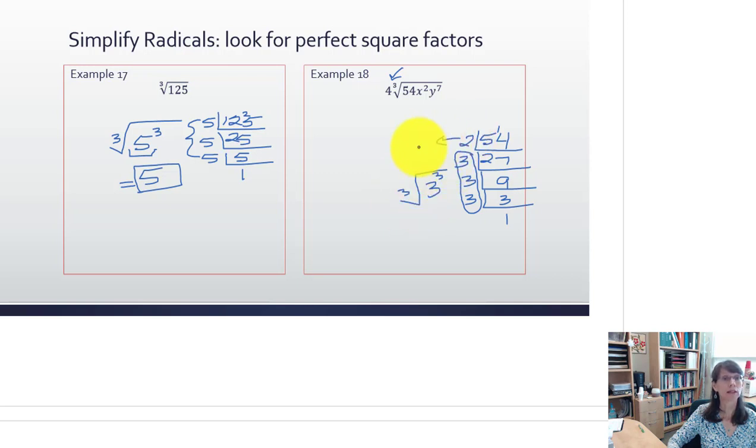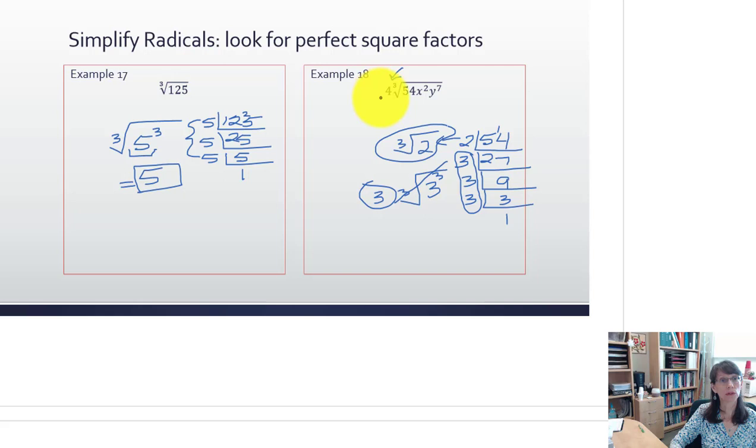And my other factor under the cube root is 2. 3 is written as a perfect cube, so that will clear the cube root as 3. So I know that the cube root of 54 is now going to be rewritten as 3 multiplied by the cube root of 2.